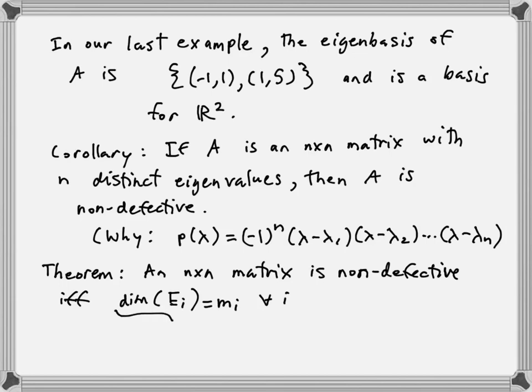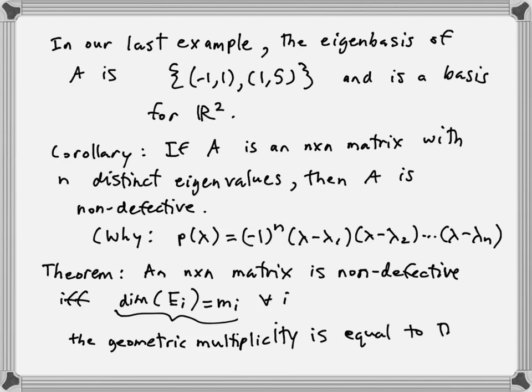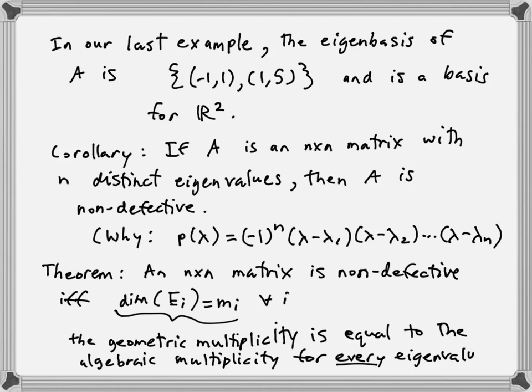Or another way to put this statement is that the geometric multiplicity is equal to the algebraic multiplicity for every eigenvalue.